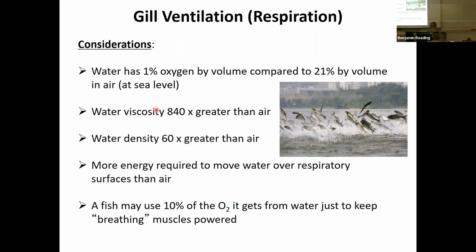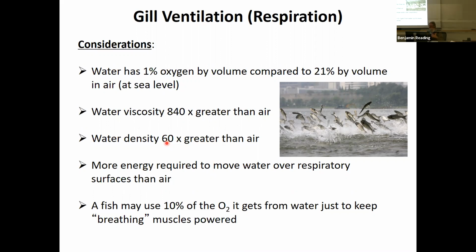Second, water has a viscosity 840 times greater than that of air. It's 840 times as viscous or thick as air, and it is 60 times more dense than air, which means we can easily breathe air and pass it into our lungs and exhale it. It doesn't take much energy. Like I said, the diaphragm of an adult human being is only a centimeter or so thick, whereas fish have to have lots of muscles dedicated towards moving water across the gills.